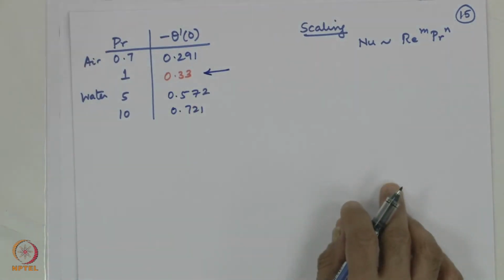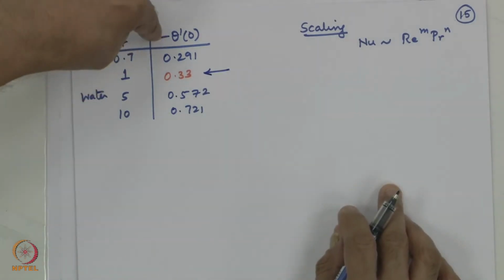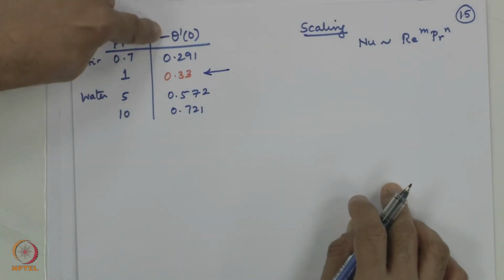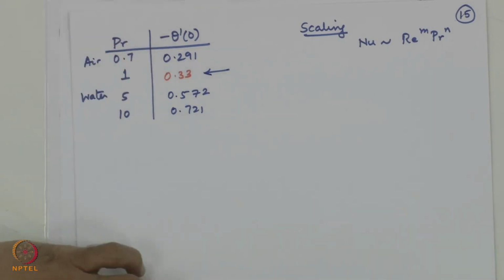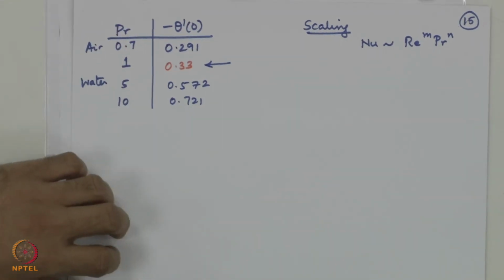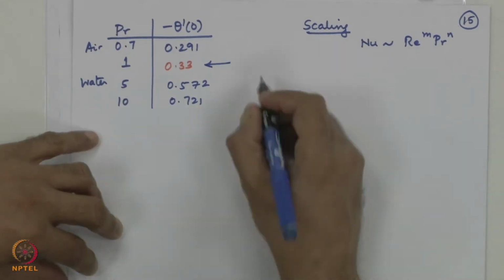So when Prandtl number equals 1, remember we got that f double prime was 0.33. This is the same.